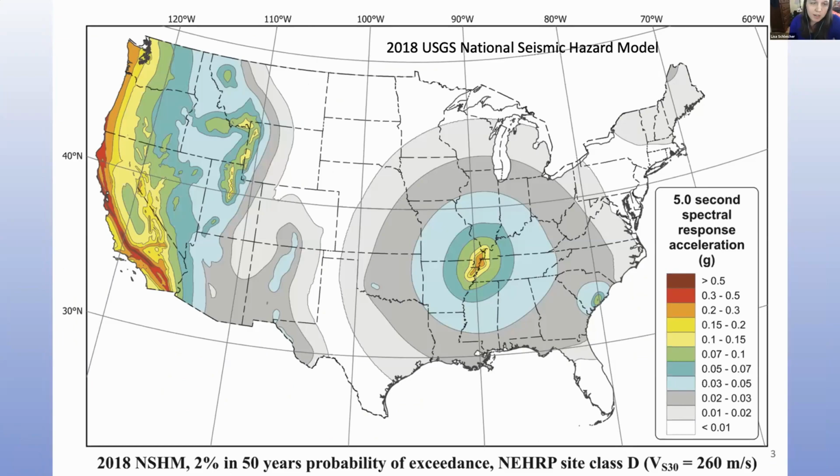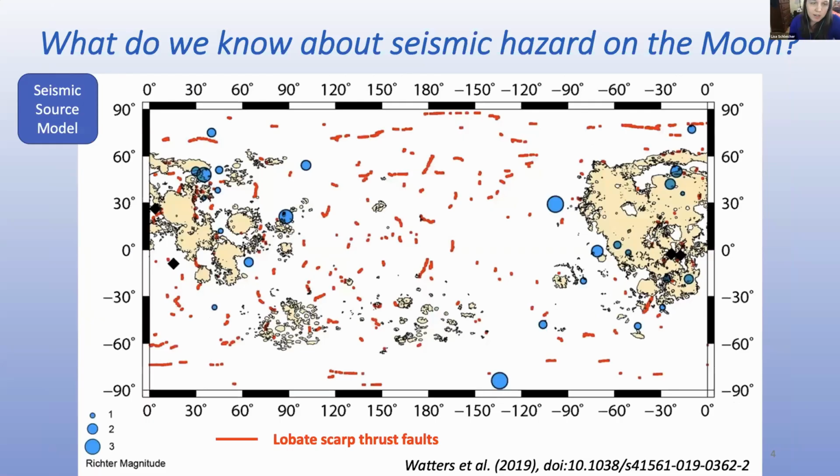So what do we know about the moon? What do we know about seismic hazard on the moon? Well, we're very lucky to have the LRO spacecraft, which has given us a vast wealth of high resolution imagery and altimetry data, which has allowed us to map at a global scale where the faults are. These are the lobate scarp thrust faults, which we think have evidence to be potentially active.